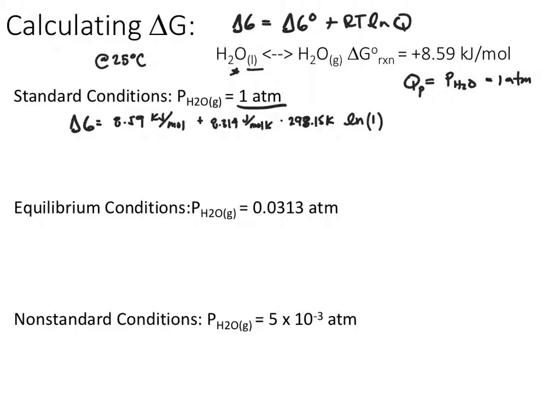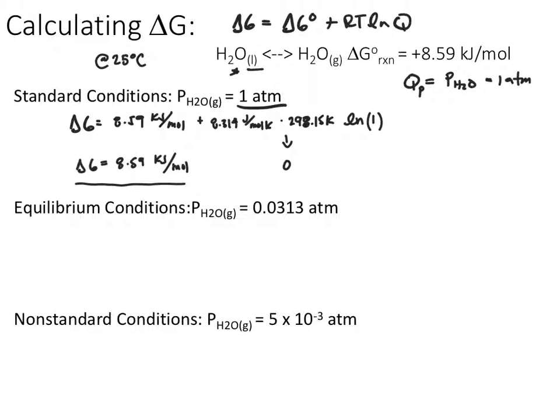Now, the natural log of 1 is 0, so this entire component becomes 0. And so our delta G is going to be equal to 8.59 kilojoules per mole. So at standard conditions, our corrected delta G is equal to the 8.59.